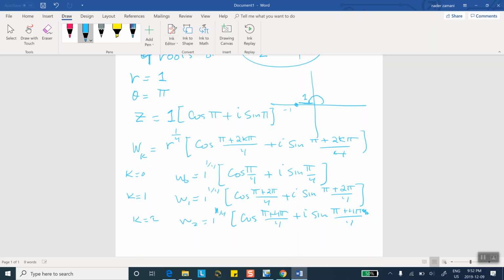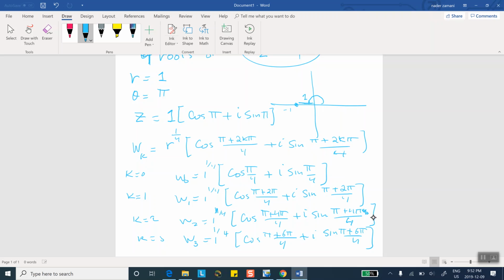And finally, when k is 3, the last root is 1 to the 1 over 4 cosine of (pi plus 6 pi) over 4 plus i sine of (pi plus 6 pi) over 4.